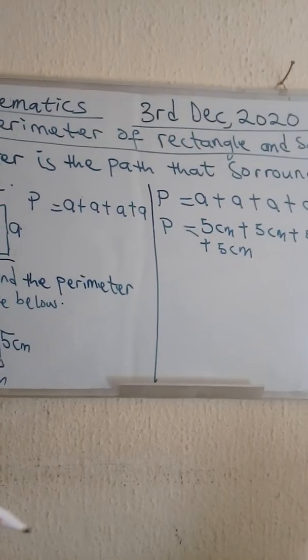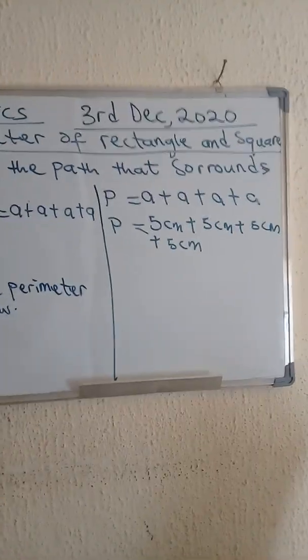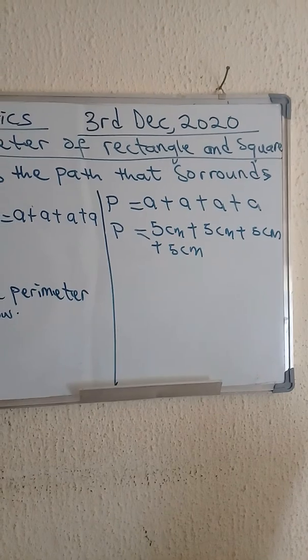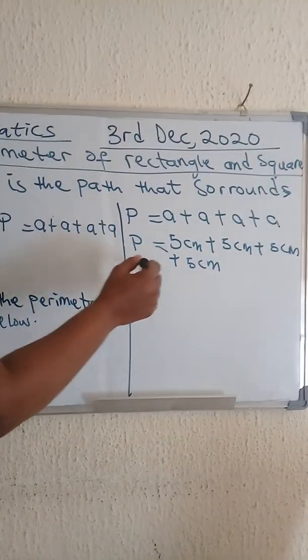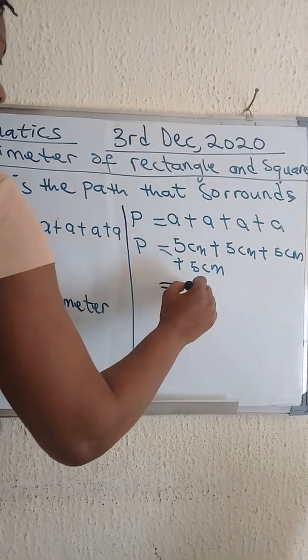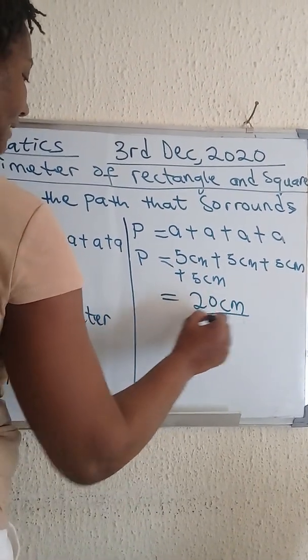All of them, you're going to use addition. Add the four of them together because of the four sides. If you count all the 5s here, what we have is 20 cm. That's the answer.